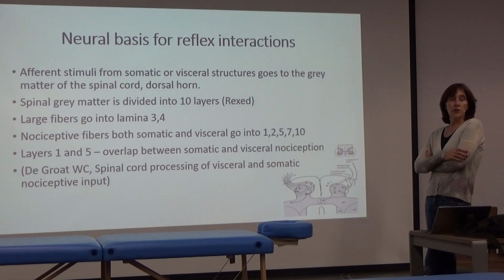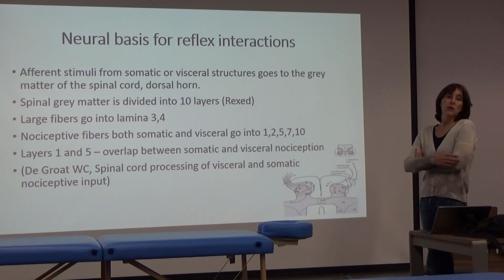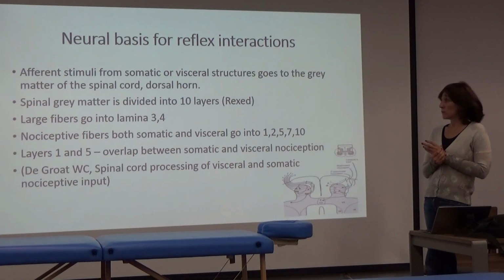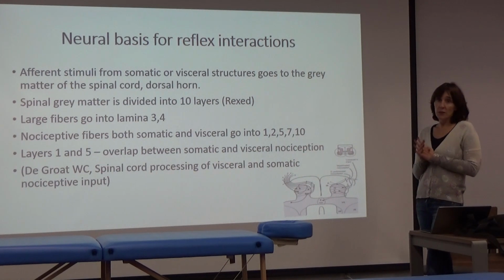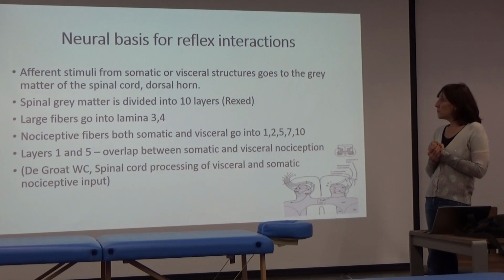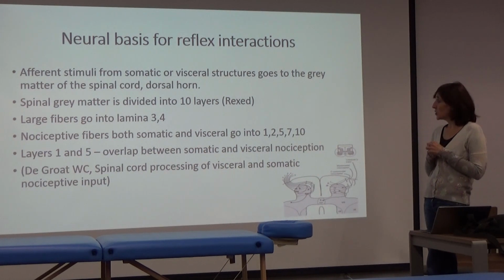And we already discussed that we have large fibers and small fibers, fast fibers and slow fibers, the fibers which carry sensation from muscles, ligaments and other proprioceptive structures, and we have nociceptive fibers which carry signals about damage. So large fibers normally go into laminae 3 and 4. Laminae are filters which are going to deal with the signal. Nociceptive fibers, both somatic and visceral, go into laminae 1, 2, 5, 7, and 10.